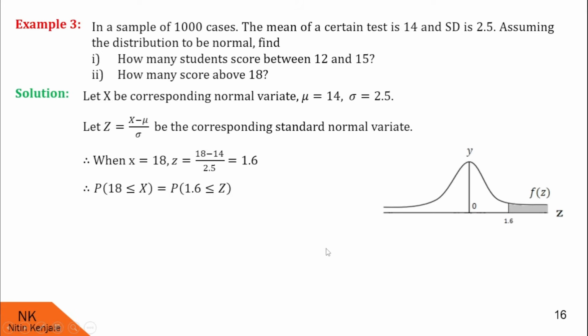Let us understand this with the graph. Here is z equal to 1.6. Z greater than 1.6 means this gray part we want to calculate. And this gray part can be easily calculated by subtracting the area from z equal to 0 to 1.6 from 0.5.